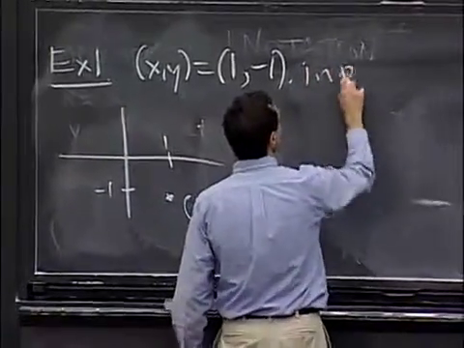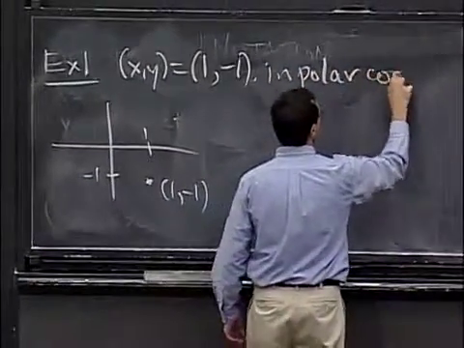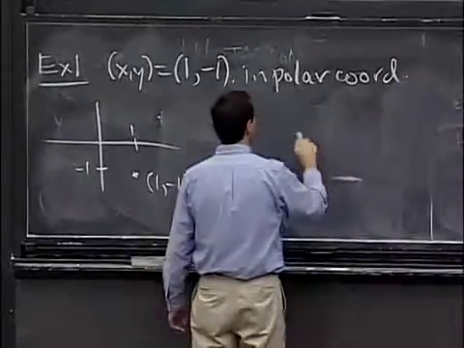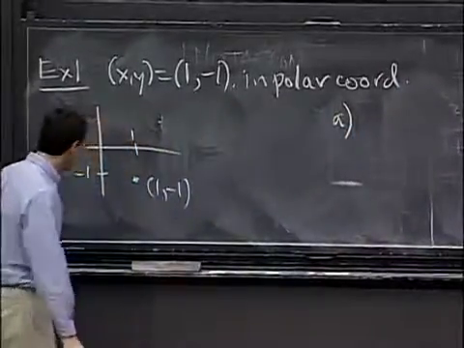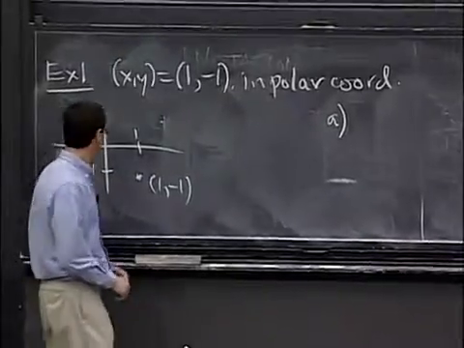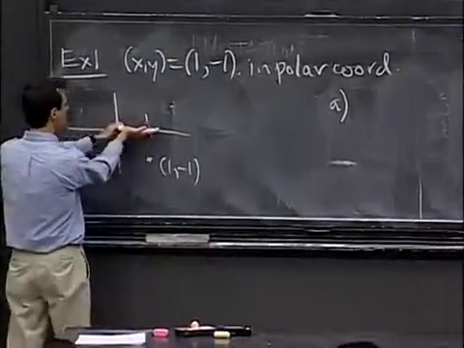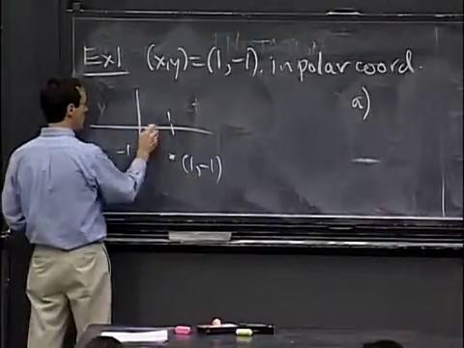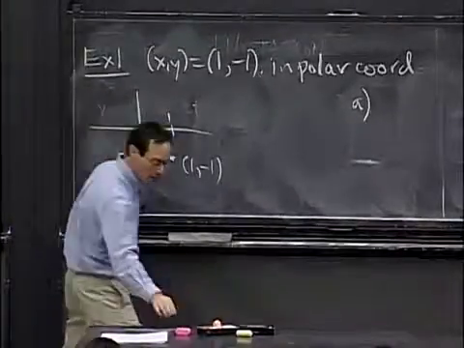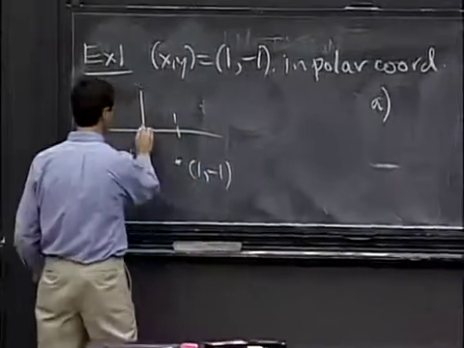So in polar coordinates, there are actually a bunch of choices here. First of all, I'll tell you one choice. If I start with the angle horizontally, I wrap all the way around. That would be to this ray here. Let's do it in green again.